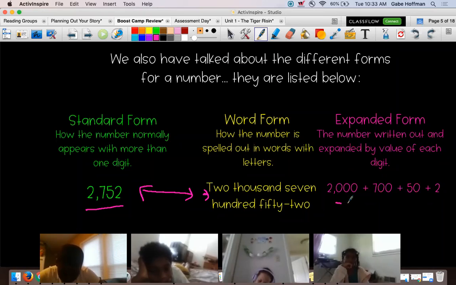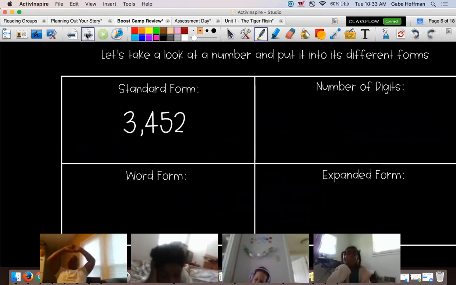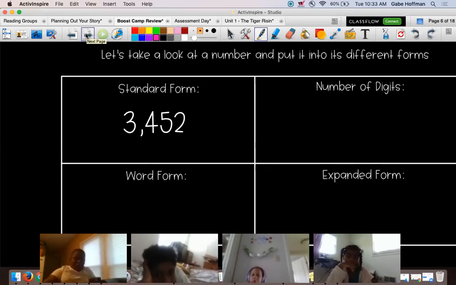Okay, now you're stretching it out by the value of each digit. So we're going to do some practice to help us get that down. So we are looking at 3,452. So first, how many digits are in this number?